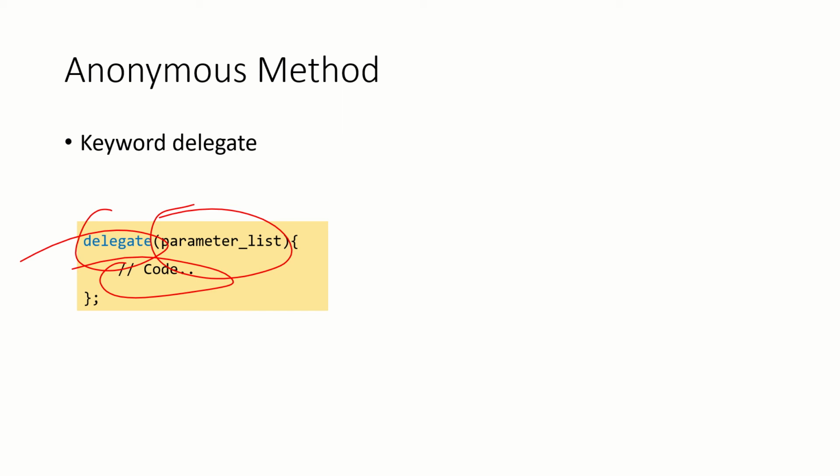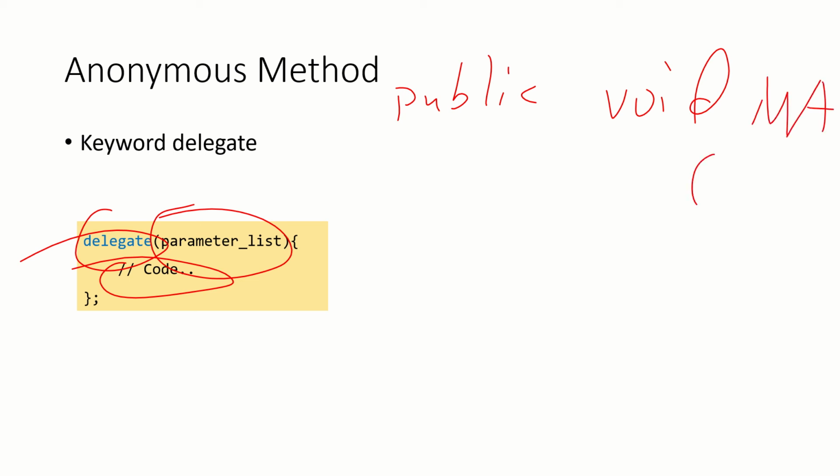So it's very different from when you write a method, right? When you write a method, you need, for example, an access modifier, right? And the return type. Then give a method name. Then you declare what the parameter is inside. Then you write the body of the method.